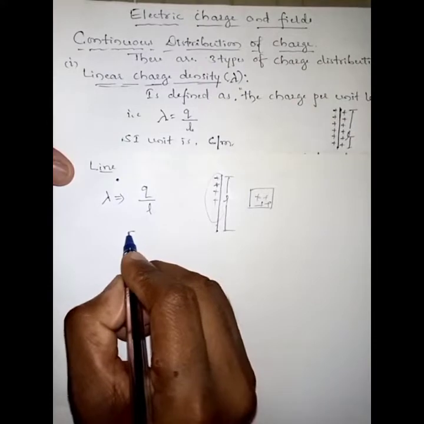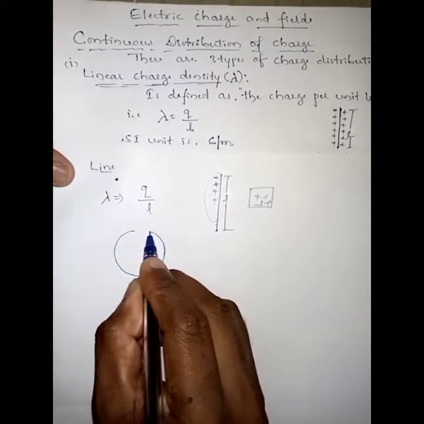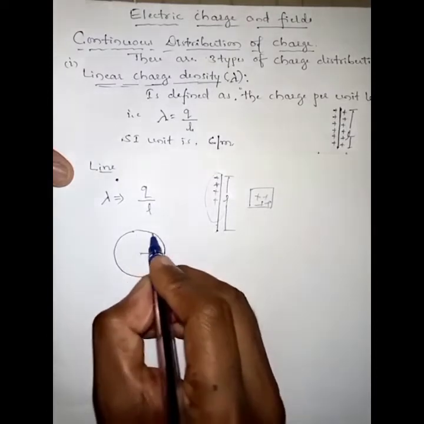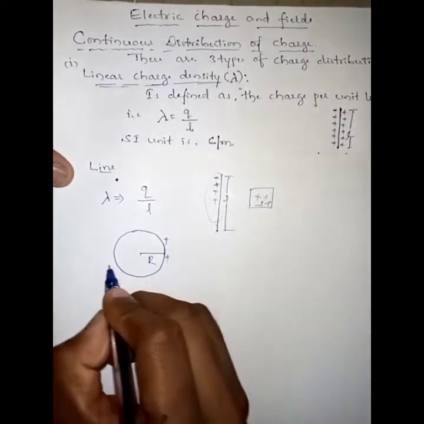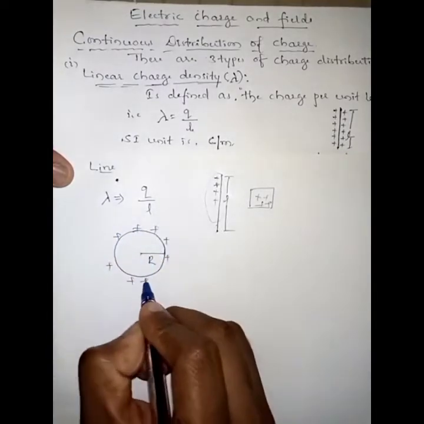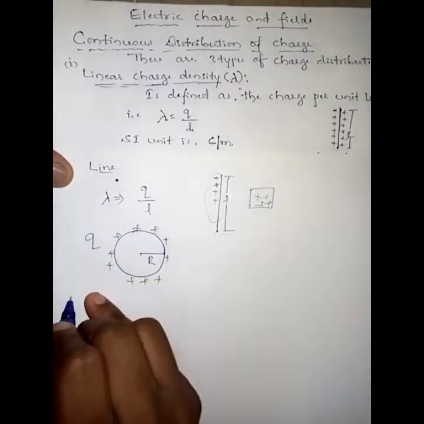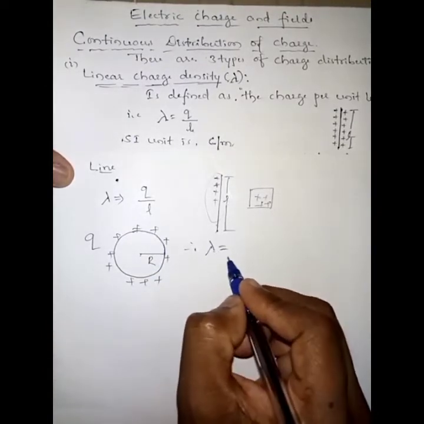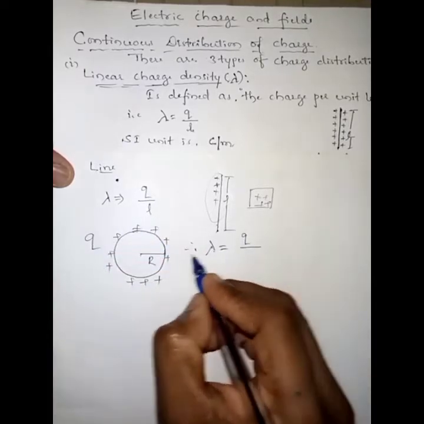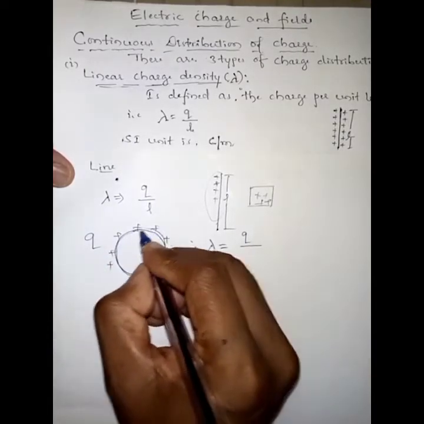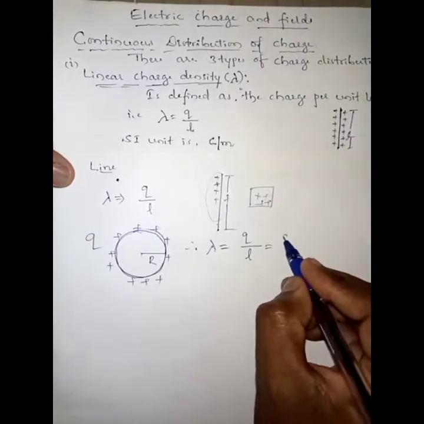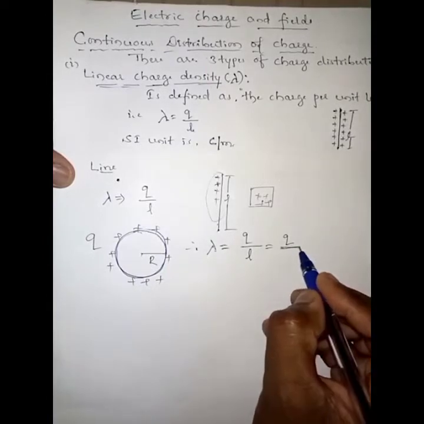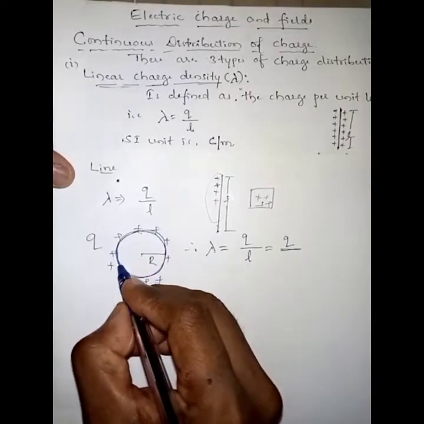Let us take one example. I am taking a ring of radius R, and I am placing some charges on this ring. The total charge is Q. Therefore, the linear charge density lambda is the total charge Q divided by the total length.